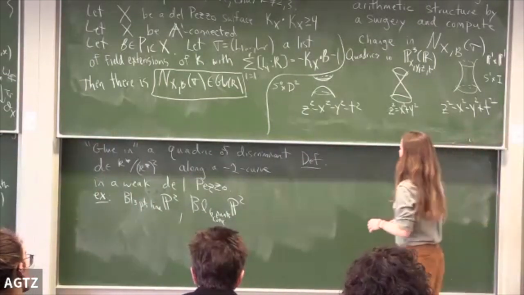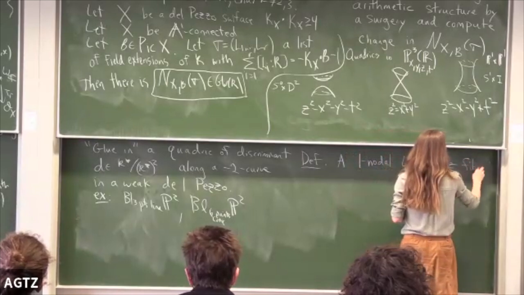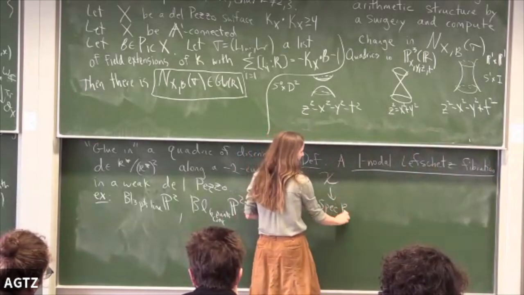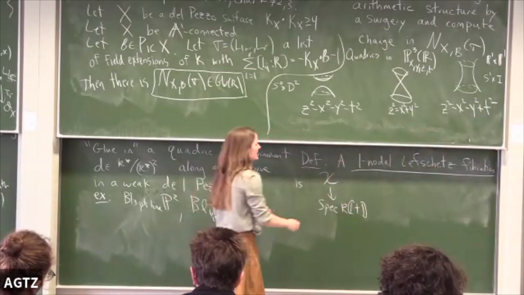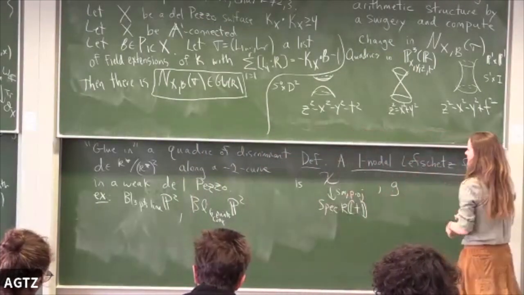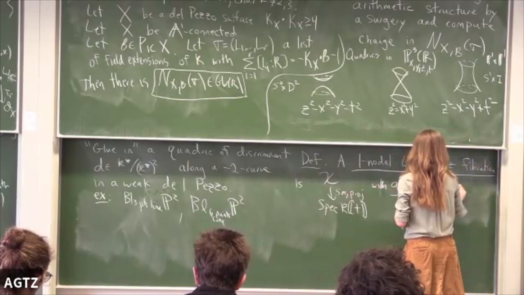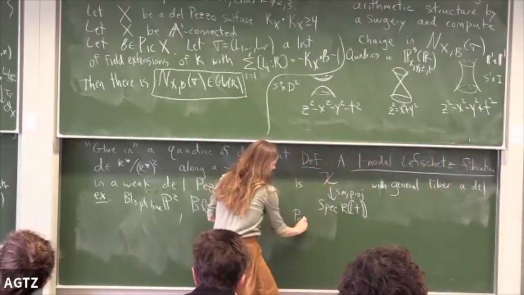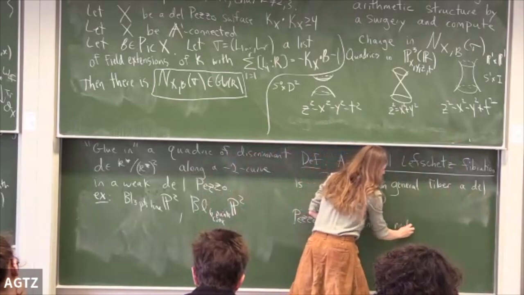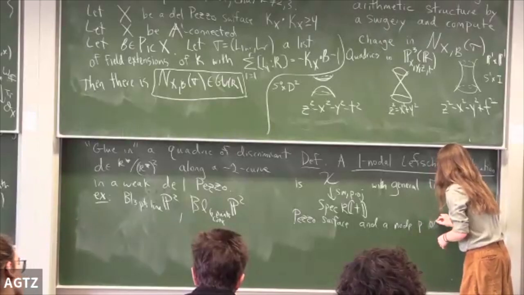So the non-heuristic definition is you take a family. Let's define a one-nodal Lefschetz fibration: it is a family X over spec K, the power series ring in T, which is smooth and projective, and has general fiber over K, the Laurent series, a del Pezzo surface, and a single node over K on the special fiber.